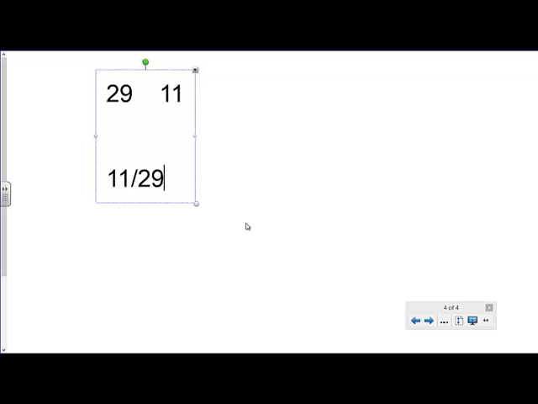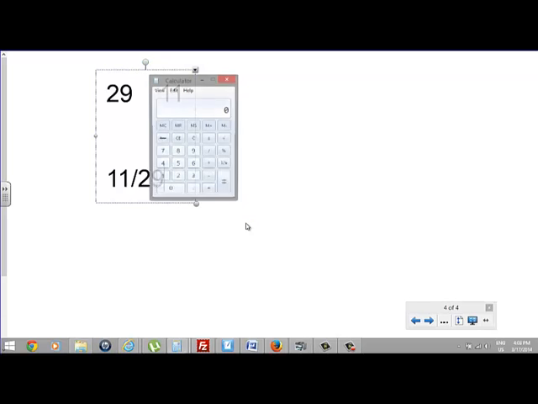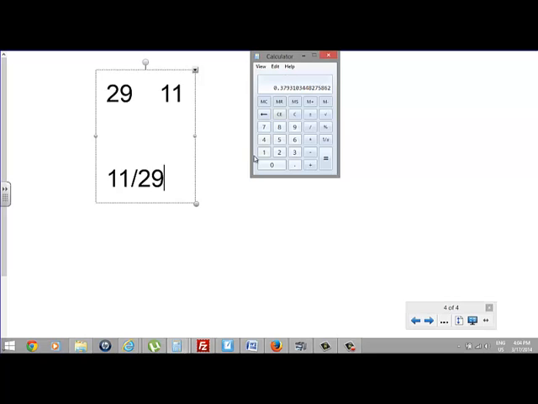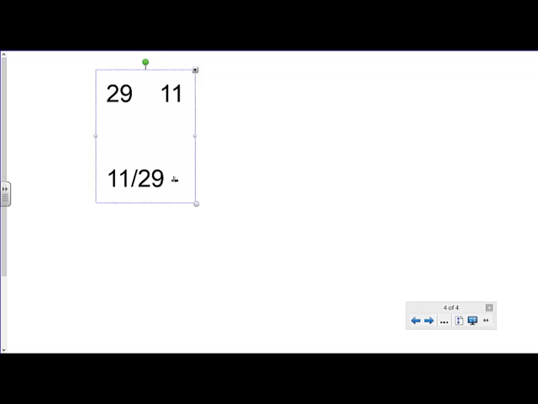So if I took 11 and divided it by 29, their batting average would be, because they do batting averages to three digits, .379. Now, if we were looking at just percentage points, they would be batting at 38%, because I'm going to round it up to the next number.